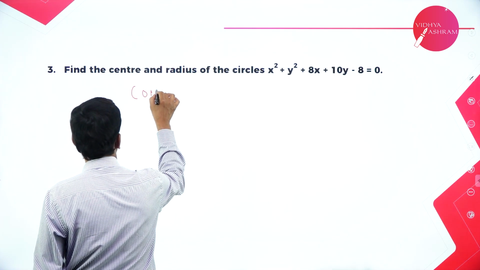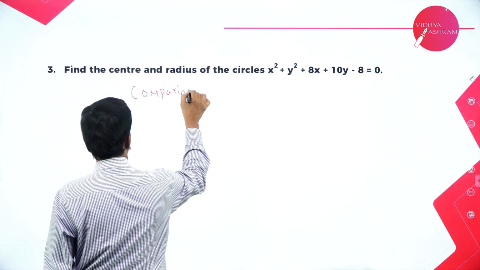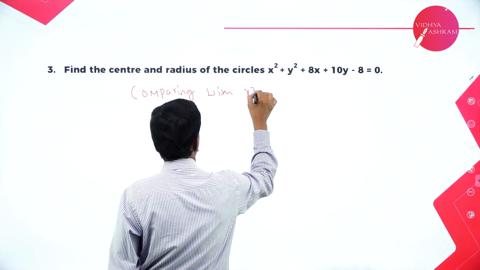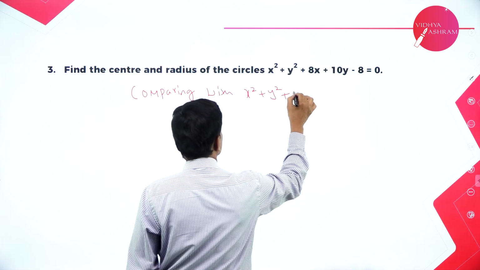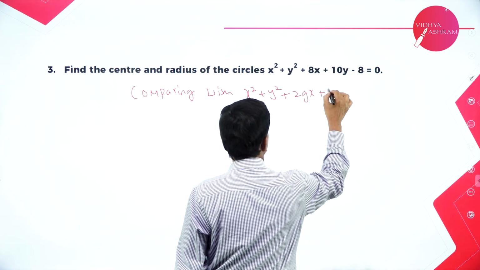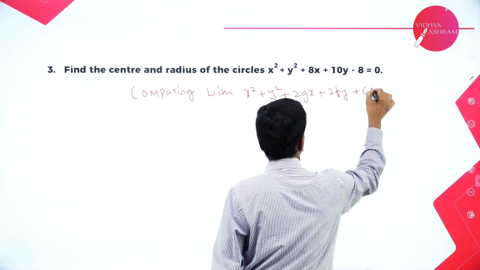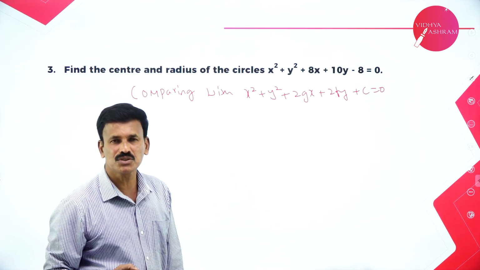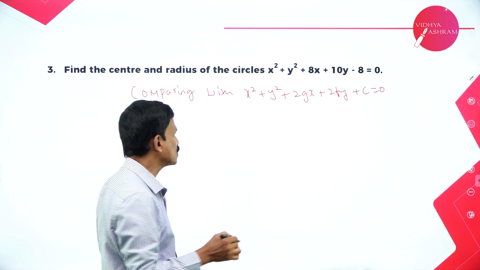So comparing with x square plus y square plus 2gx plus 2fy plus c is equal to 0.